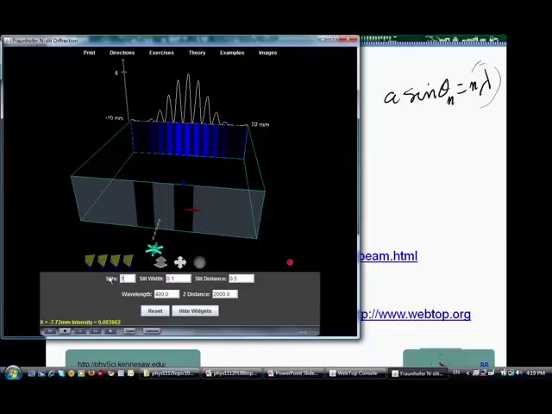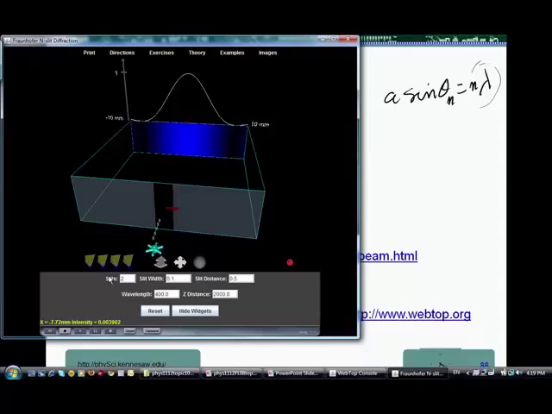Let's see that. There's the diffraction minimum. Okay, let's put it back. It does not want to go back. Okay, I'll stop it there. This is misbehaving right now, so I'll stop it now.